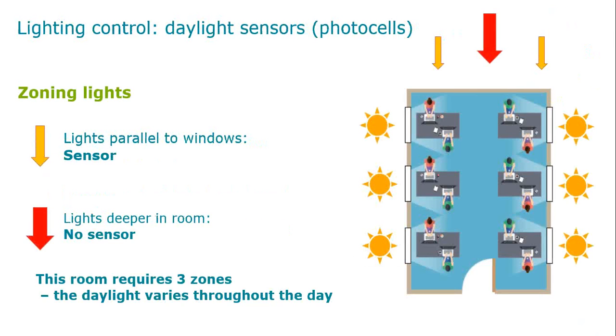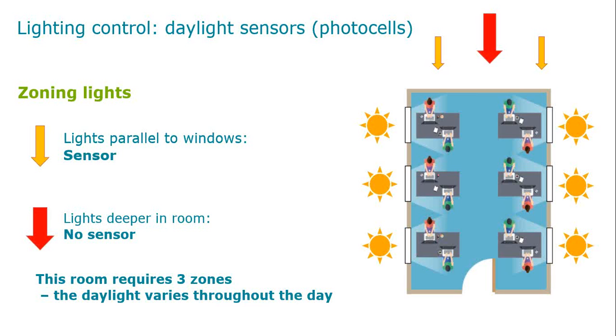So here's an example of a zoned office where you could make use of photocells. It's just what I was talking about previously, in that we have good natural daylight coming in from either side of the office through windows, and we have a darker and less lit area in the centre of the office. The distance which good quality light can penetrate into the office is a function of the design of the building.